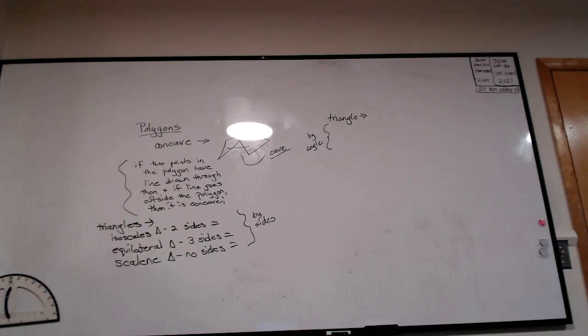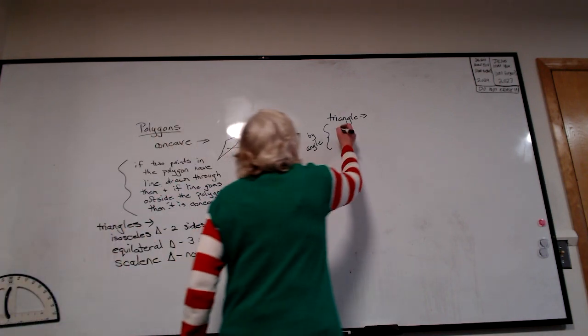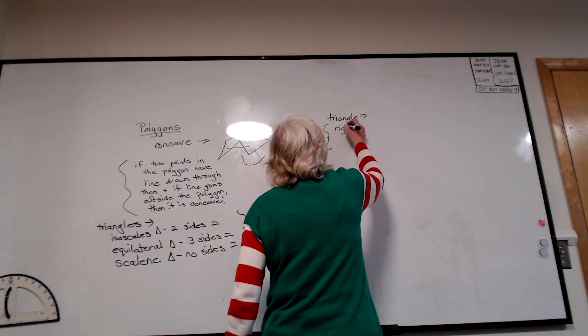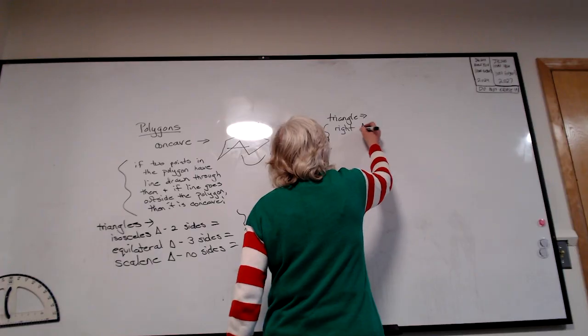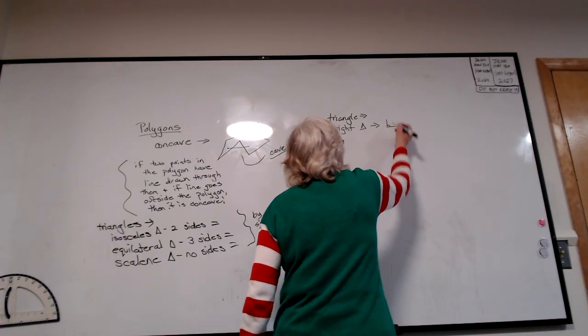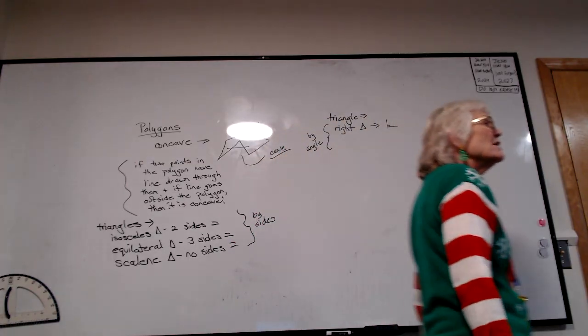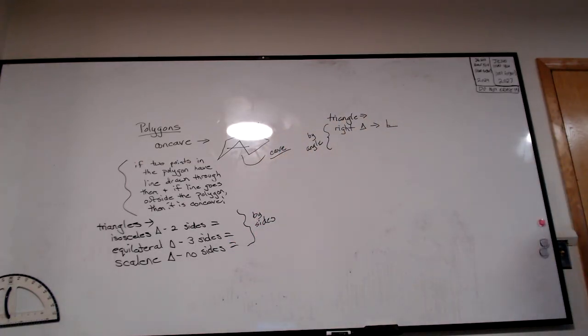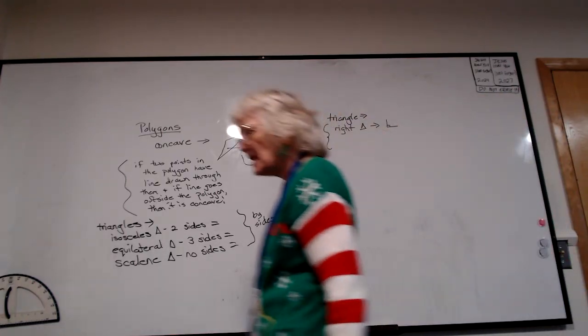A right angle, that's right. A right triangle has a right angle in it, like that. It has one right angle. Okay? What's another kind by angle?